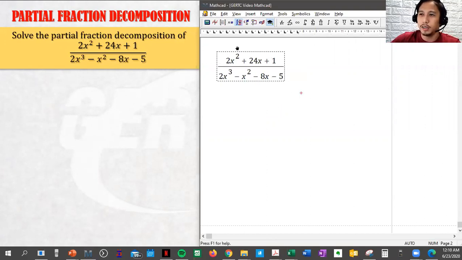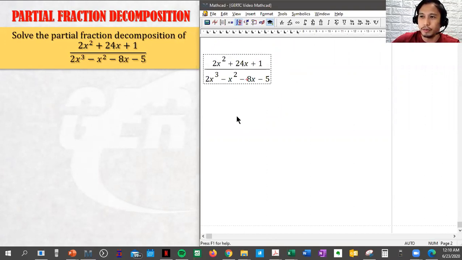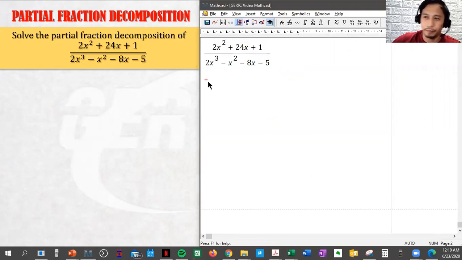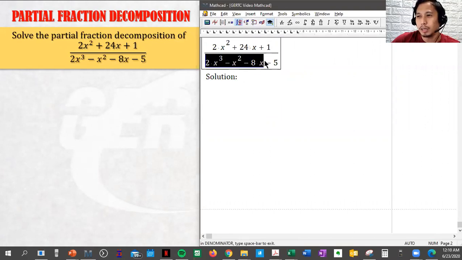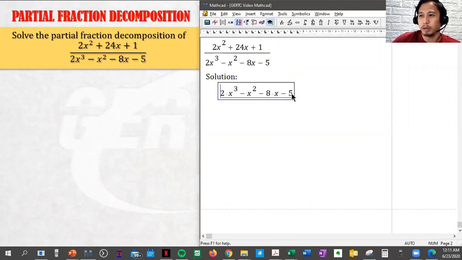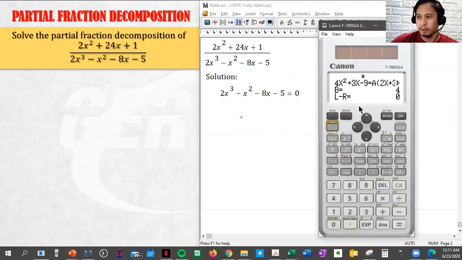Okay, so the solution, what is the solution nito? Again, yung gagawin natin is that we're going to write this into its factored form, and to do so, we've got to solve for the roots, no? And that is using the calculator.